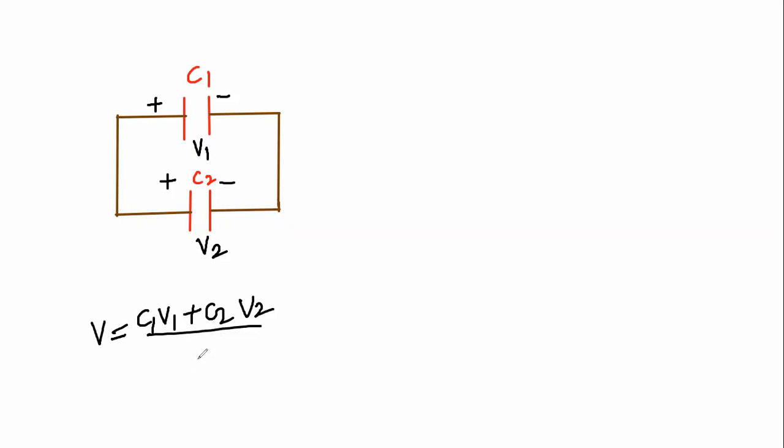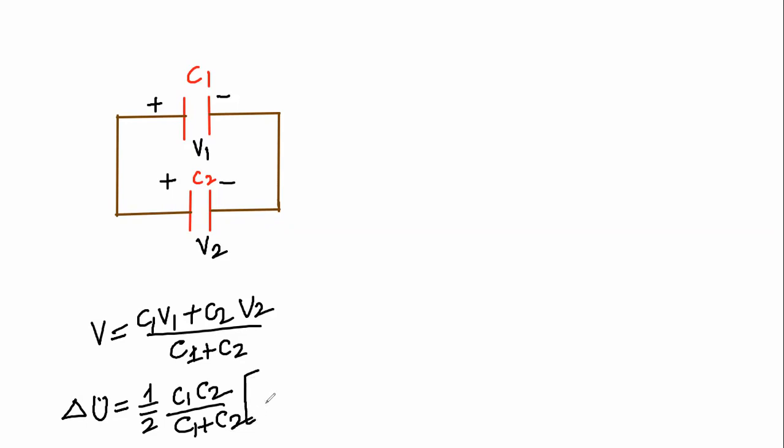So the loss of energy delta U is equal to half C1 C2 divided by (C1 plus C2) into (V1 minus V2) whole square.